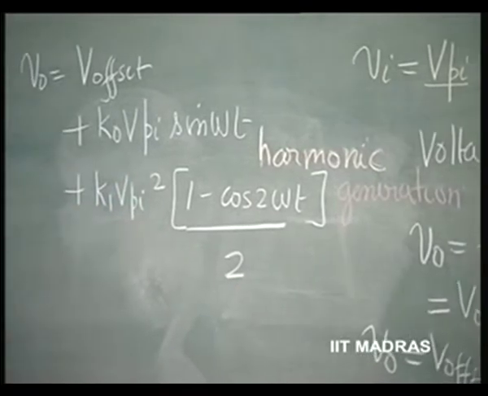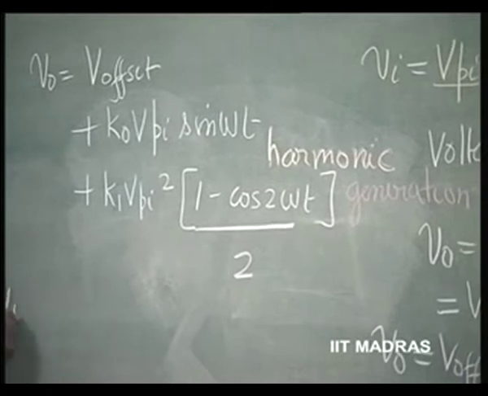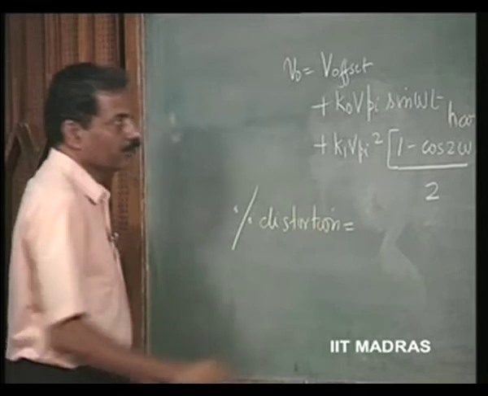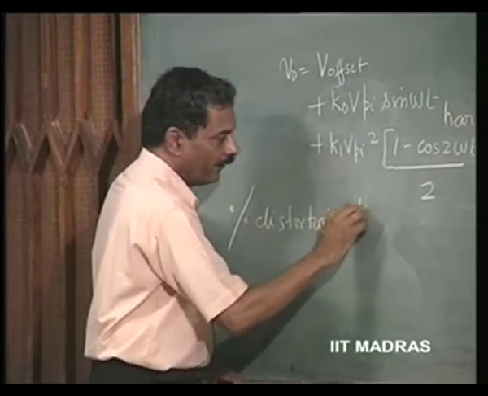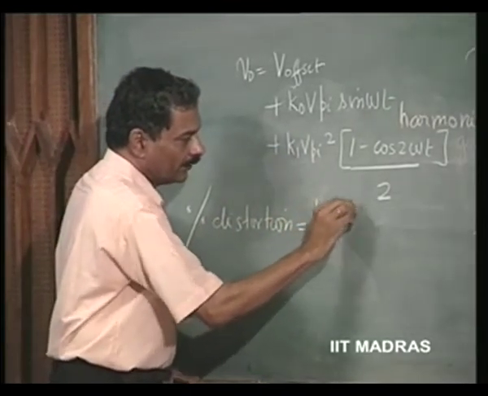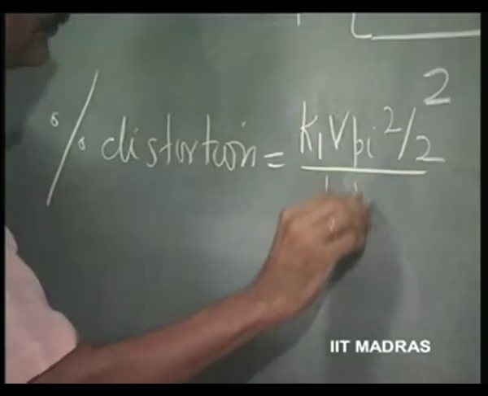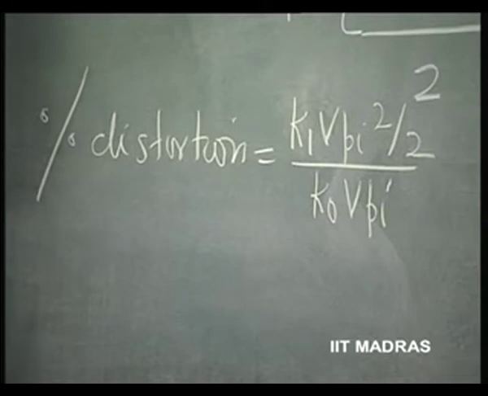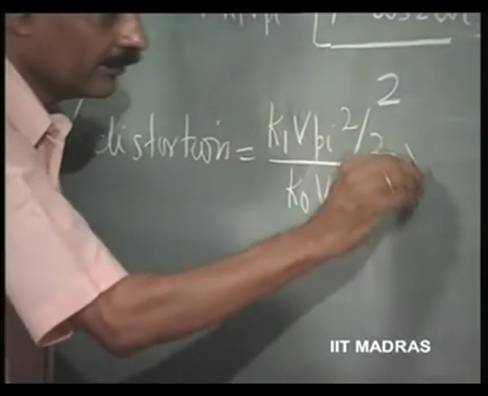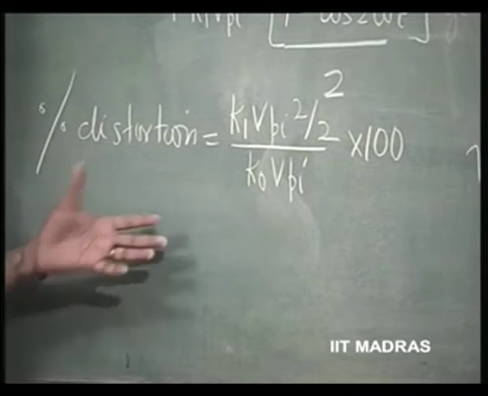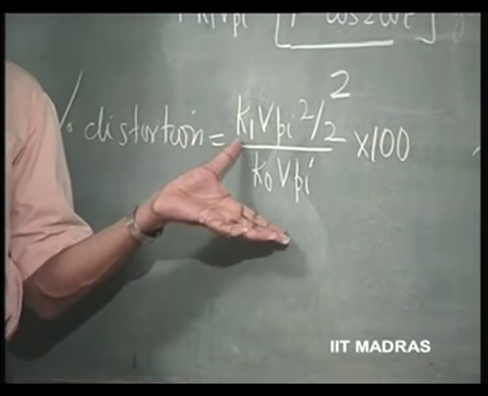So, percentage distortion equals K 1 V p I squared by 2 divided by K naught V p I, into 100. This is going to be the percentage distortion.